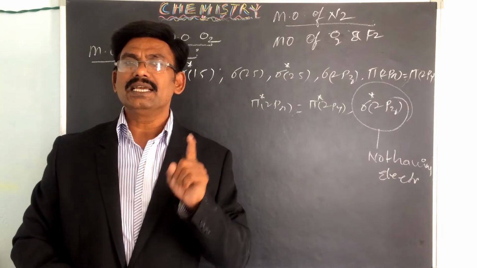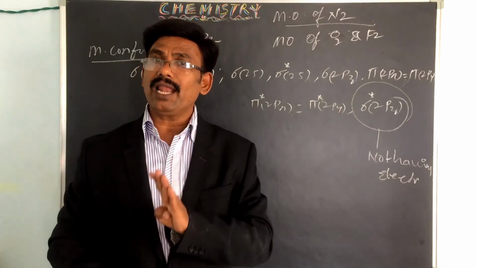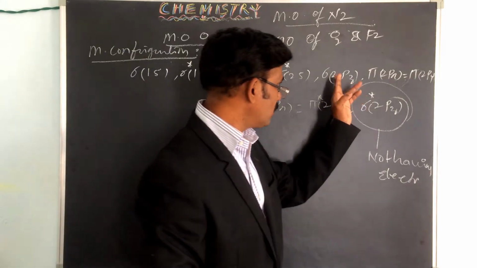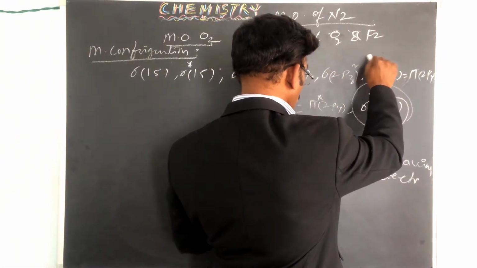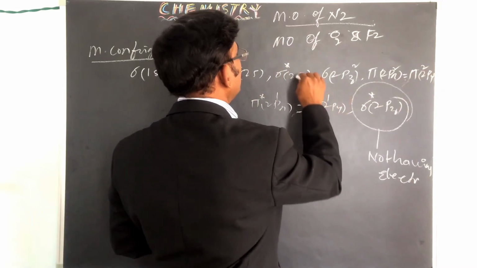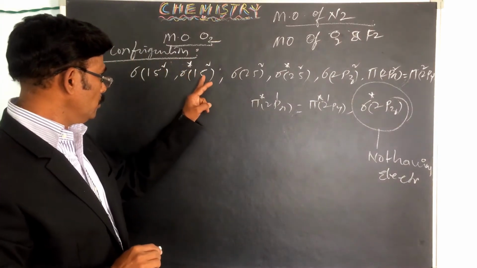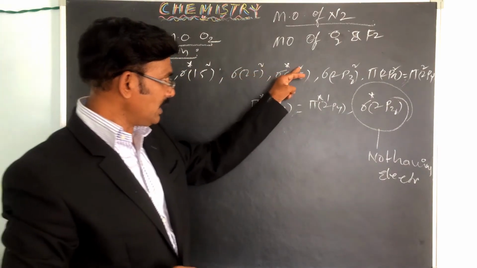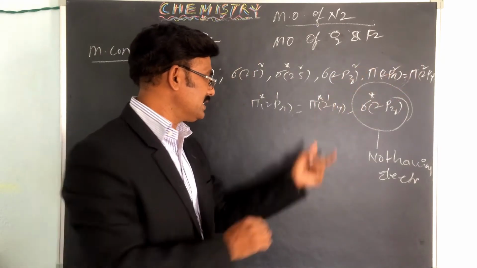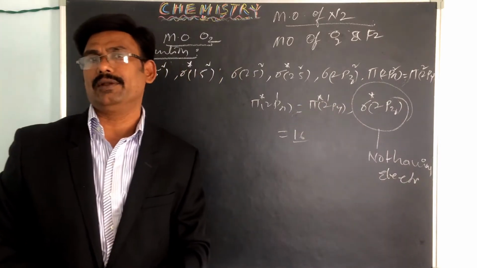How many? 4 electrons in the 1s level, 4 in the 2s level, and 8 in the 2p level, total 16 in the oxygen molecule.